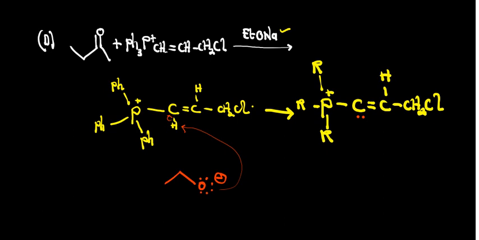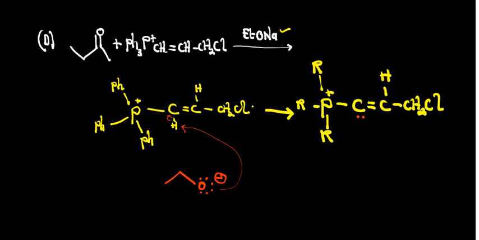In fact, what will happen here is that this carbon here, because it is more negative, has the ability to attack the ketone, which is the major reactant in this reaction. So we're going to have an attack from the carbon coming to attack on the what? On the ketone.